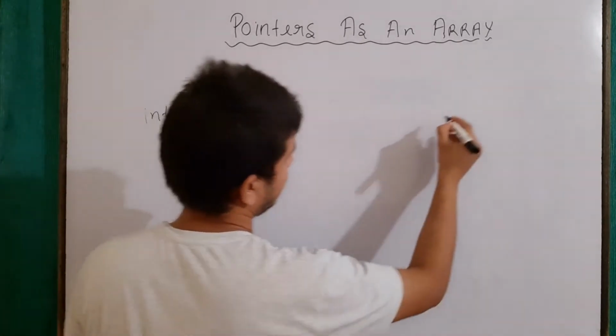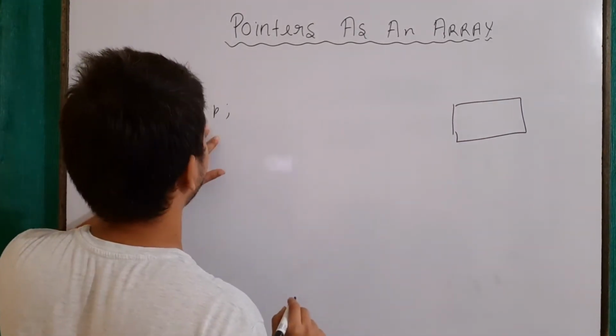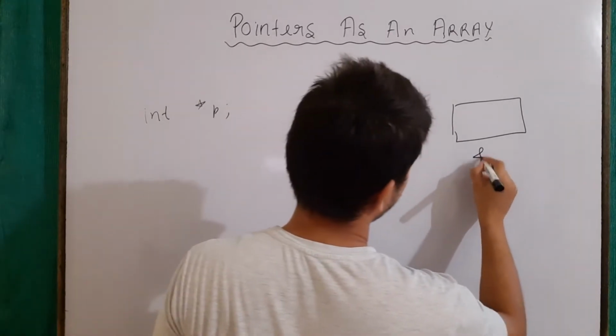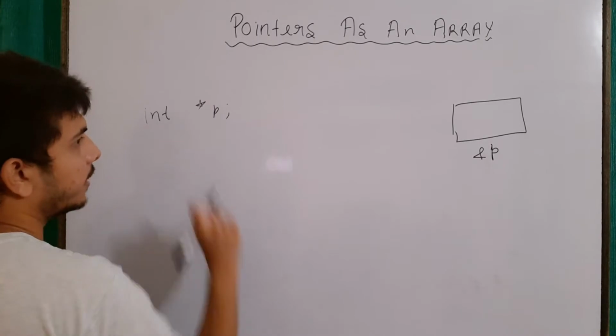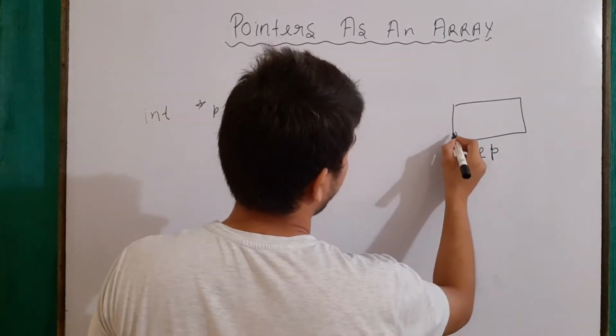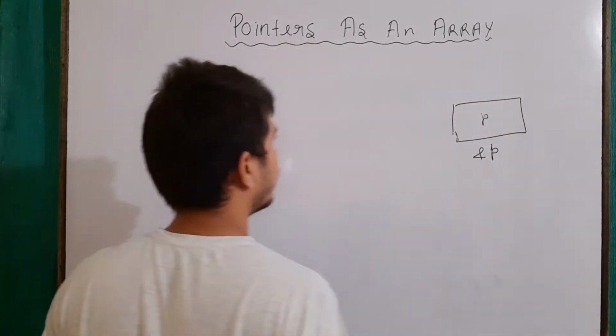So what's happening here is that an address is allocated to this pointer variable, so it will have some main address. We are talking about a single pointer right now, and p will be holding the address of a normal variable.